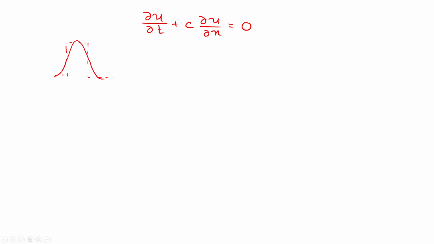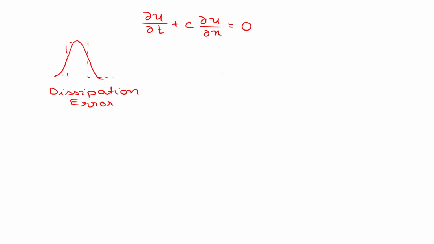So you can see that this causes numerical dissipation. This is dissipation error. It comes from the even order derivatives in the truncation error, and this is known as smearing.